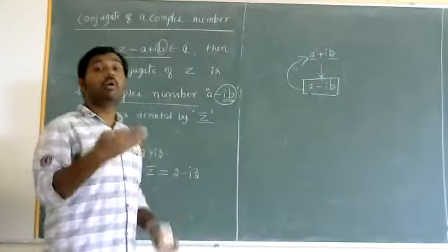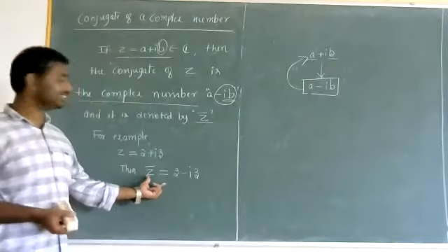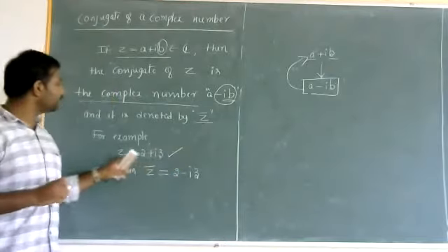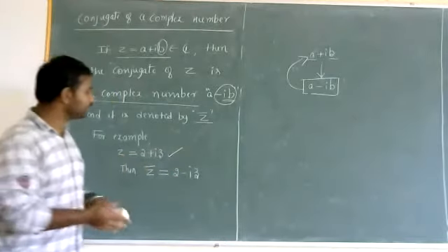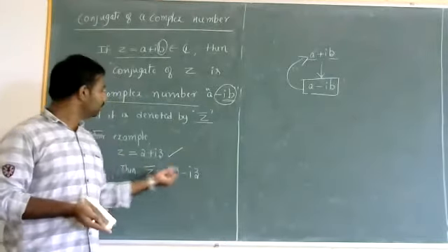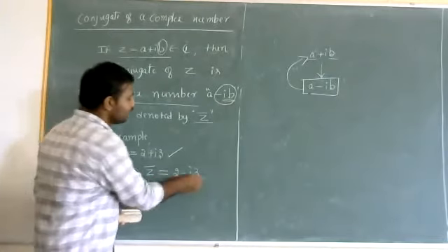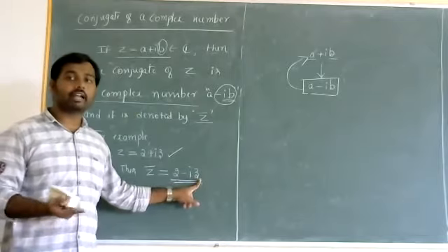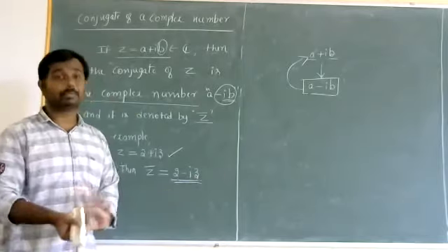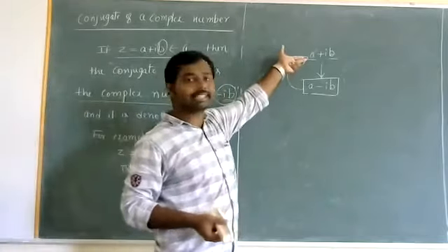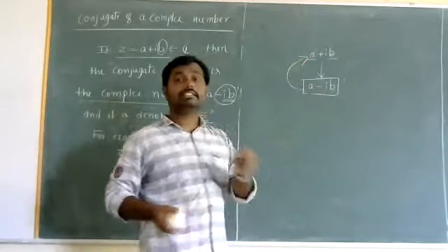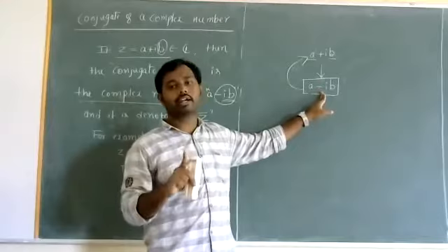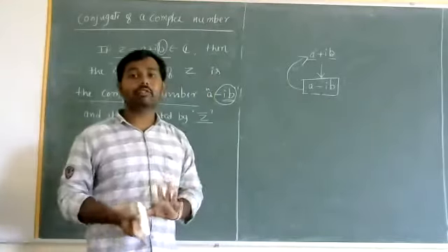It cannot have more than one conjugate. In this example, if I want to write the conjugate of this complex number, the only thing is I have to negate the imaginary part, and in that case I get only 2 minus 3i. I cannot get another complex number. That means for a given complex number, its conjugate is always unique. It can have only one conjugate.